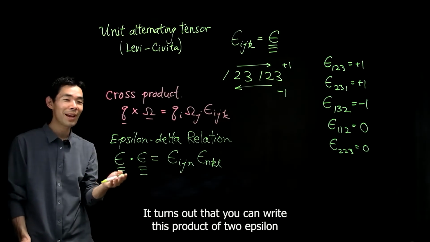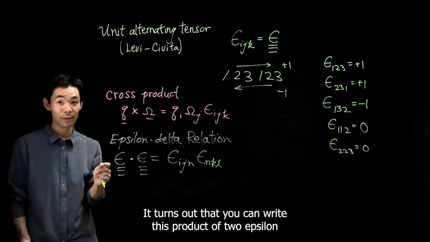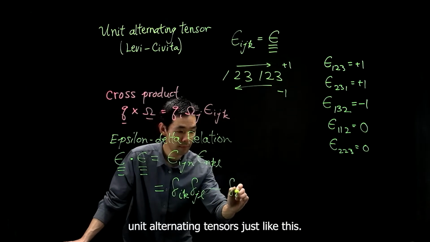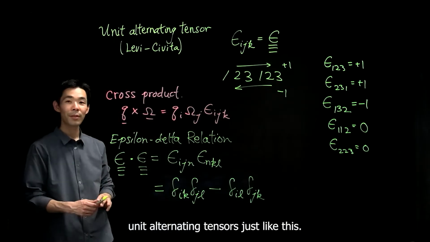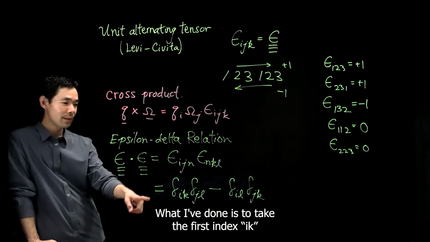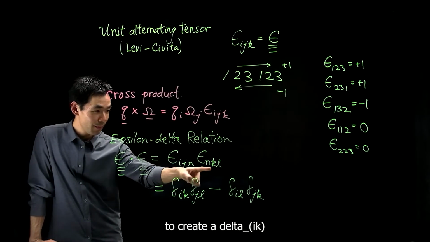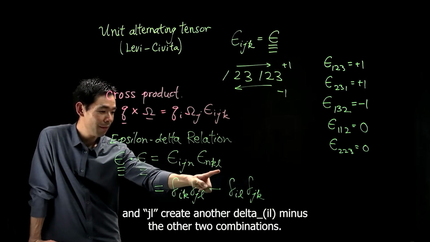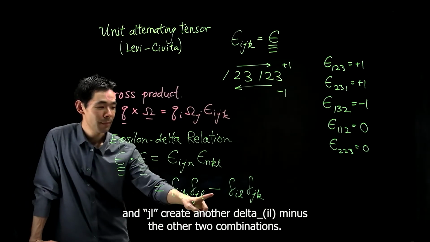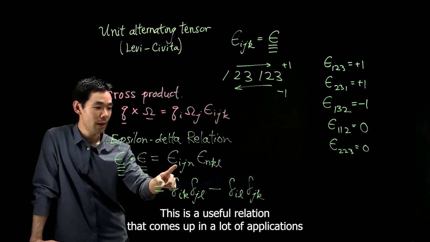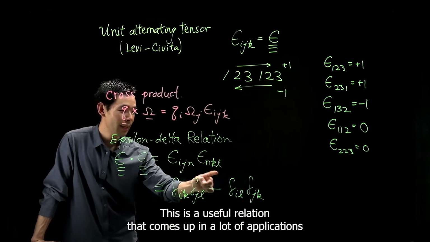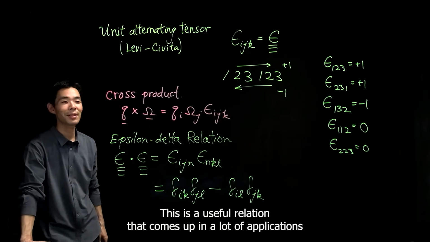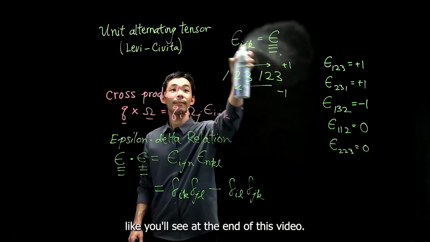But it turns out that you can write this product of two unit alternating tensors as, okay, just like this. So what I've done is take the first index i with k, create a delta_ik, j and l, create another delta, minus the other two combinations, so i and l, j and k. So this is a useful relation that comes up in a lot of applications, like you'll see at the end of this video.